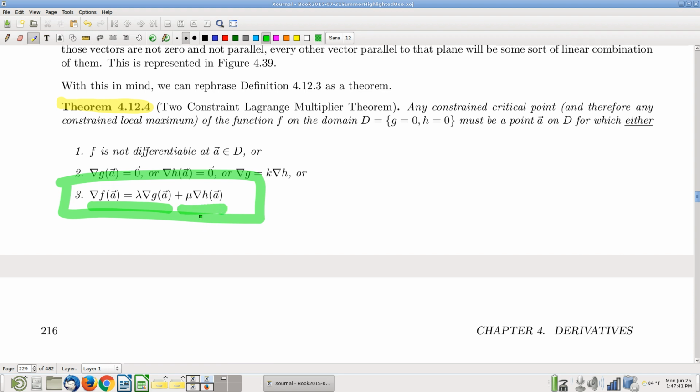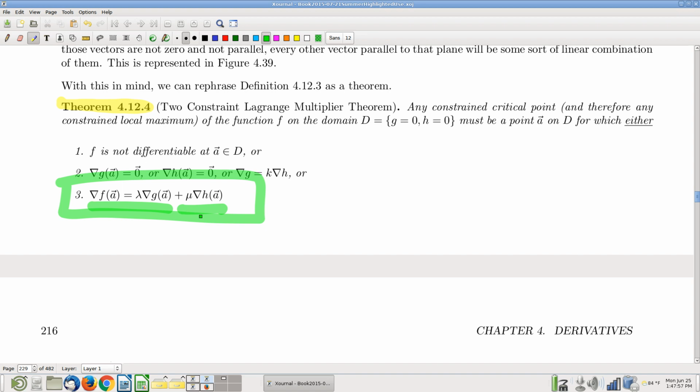So if you ever find yourself with a 2 constraint optimization situation, it's not hard. Pick up the book and you can read this section at a time. Y'all are not going to be responsible for 2 constraint Lagrange problems for this course, so you can ignore all that stuff.